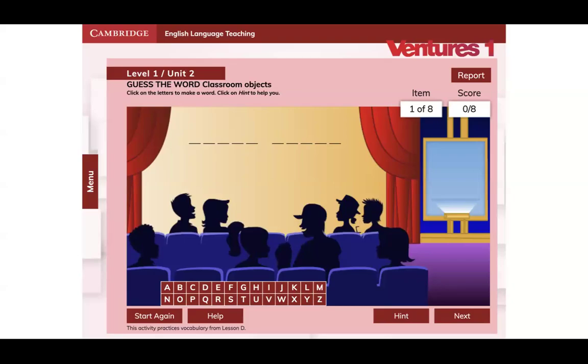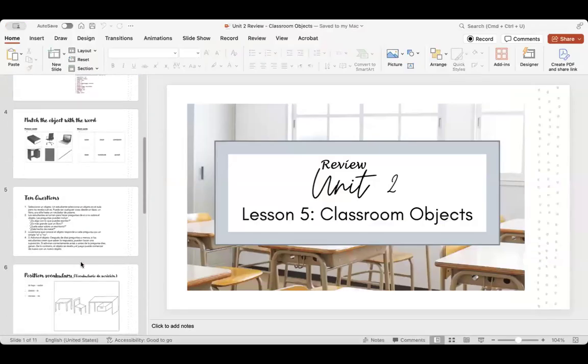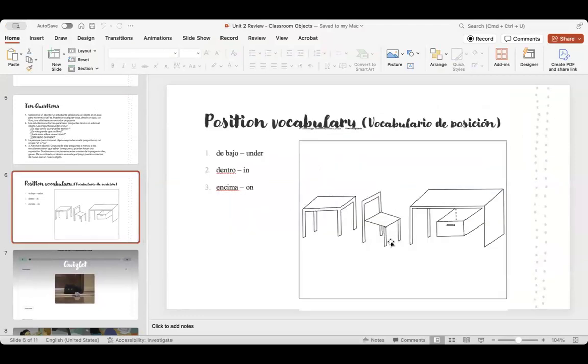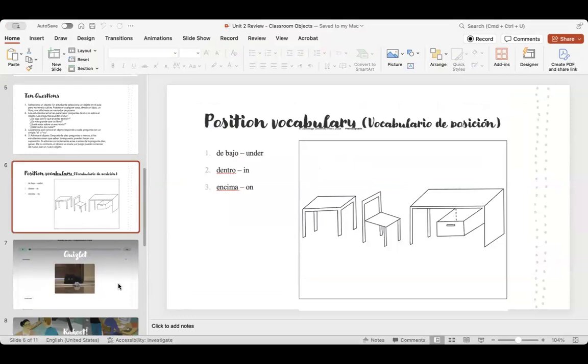I gave out cards, and I would say, draw the pencil on the table, and people would draw the pencil on the table. So, you know, that worked very well. This is where I had this picture, but I had people draw theirs on a card.